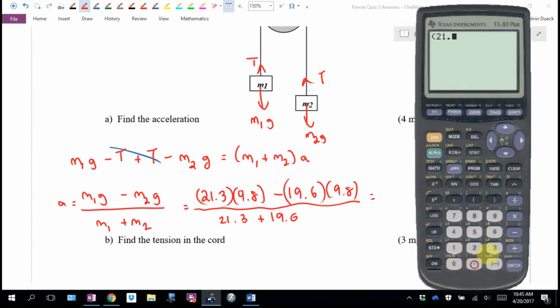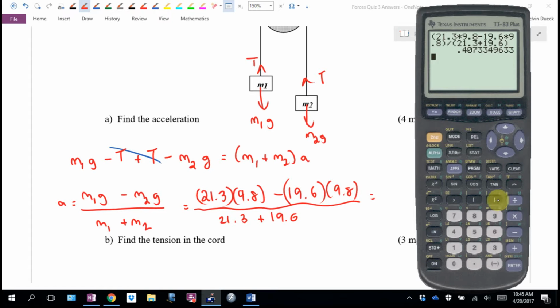Bracket 21.3 times 9.8 minus 19.6 times 9.8, close bracket, divided by bracket 21.3 plus 19.6. Double check my typing. Looks good. Do you get 0.407, 0.41? Yeah? I'll go to 3.